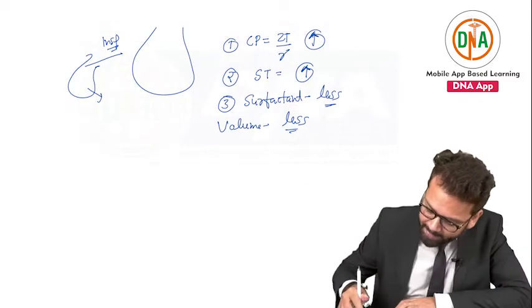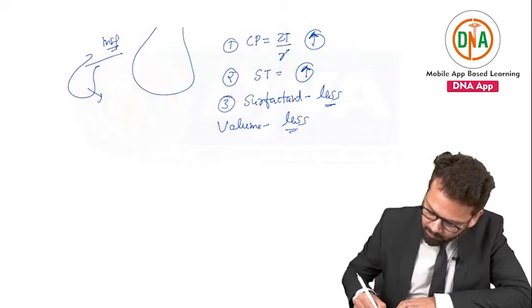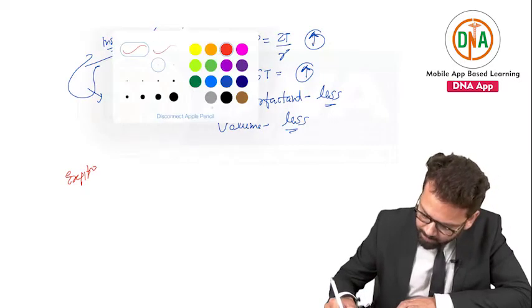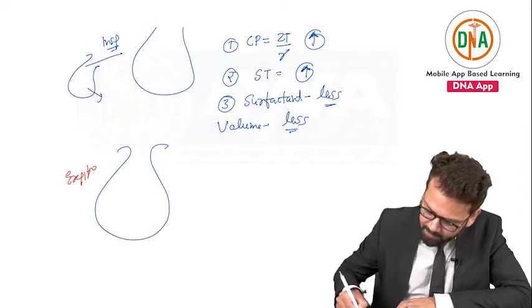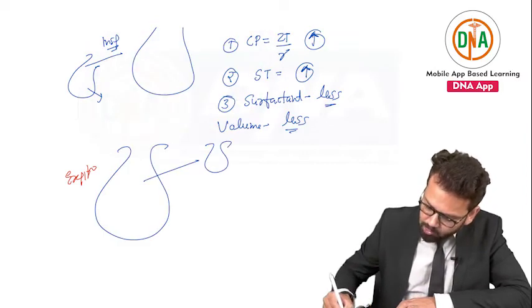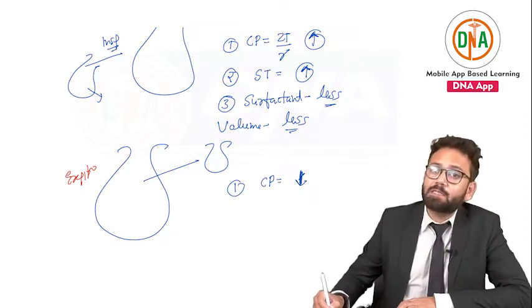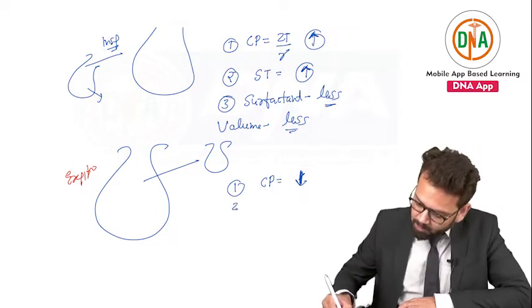Now what happened during expiration? Alveoli are initially bigger, and have to become smaller. So will the collapsing pressure of bigger alveoli be less or more? Less, because radius is more in comparison to small alveoli.